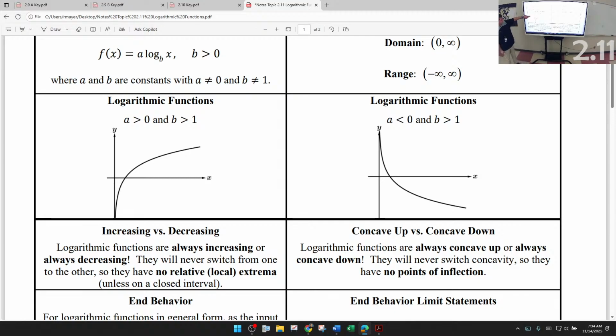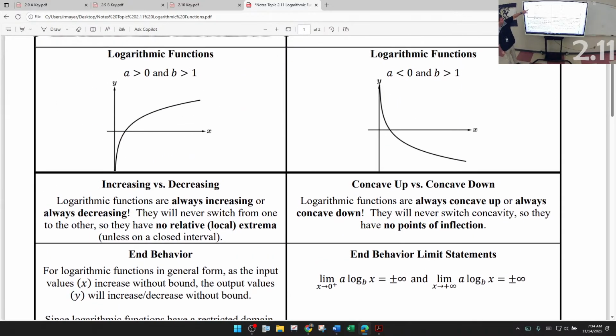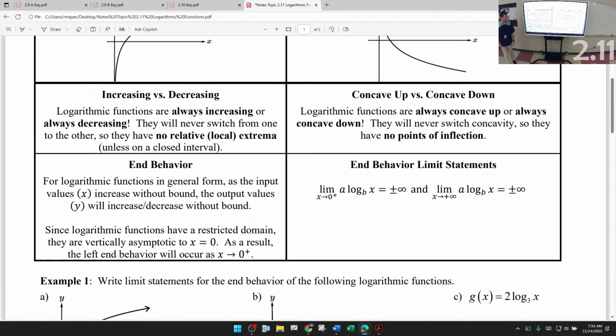Increasing versus decreasing. Logarithmic functions are always increasing or always decreasing, depending on if they're going uphill or downhill. They don't ever switch. If they're going uphill, they're just going uphill. If they're going downhill, they're going downhill. They have no maxes or mins unless they're restricted. So the graph on the left, that's a growth.